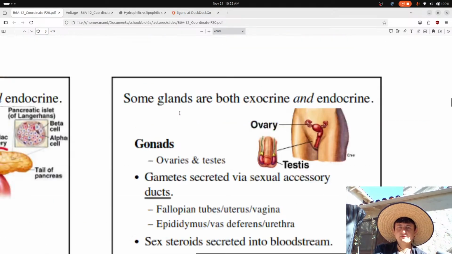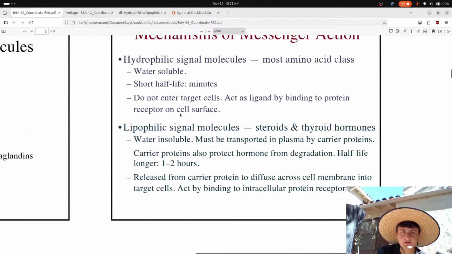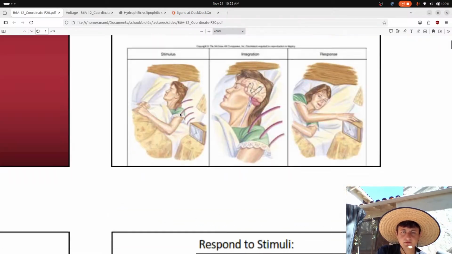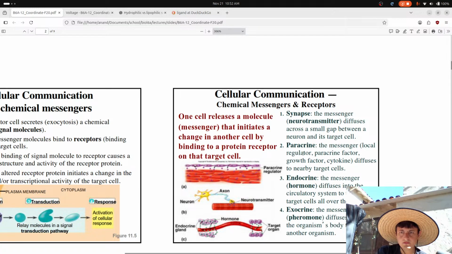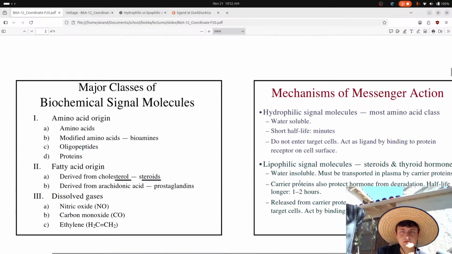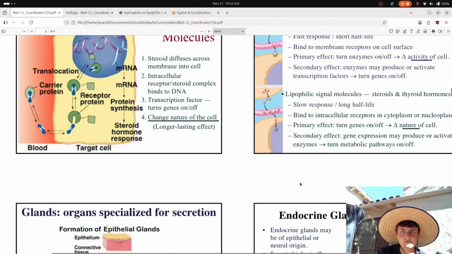Was that up above here? Not really. Was there a thing on the type of glands?